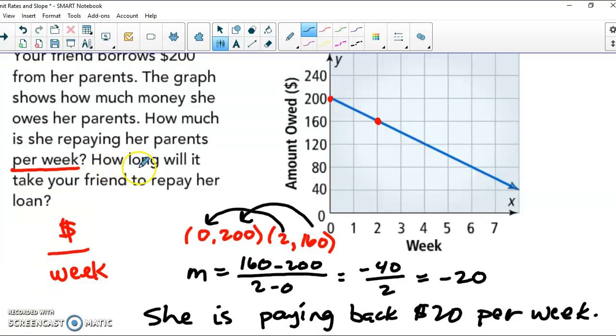And secondly, how long will it take your friend to repay her loan? So I'm going to pay 20 per week until I get all the way down to 0. So now I need to determine how I can use this line to help me answer that question.